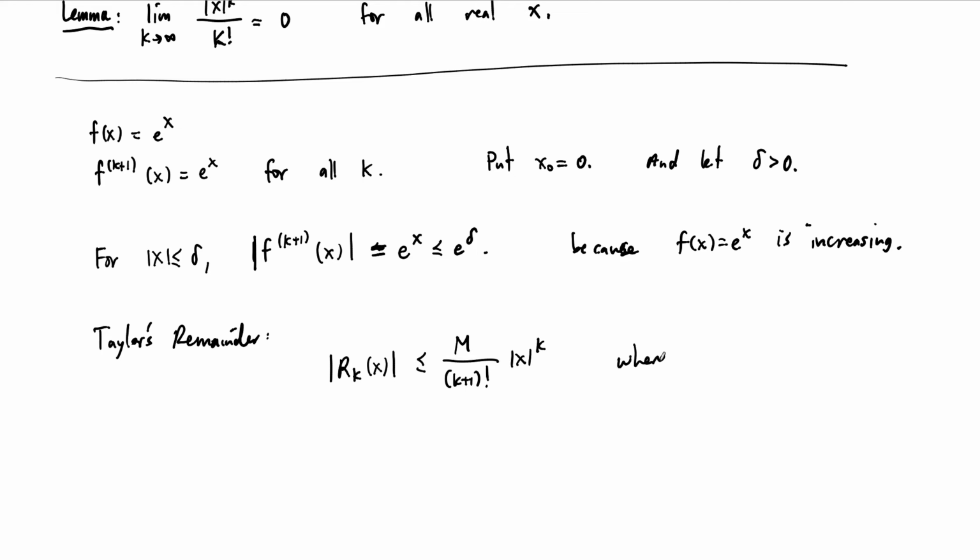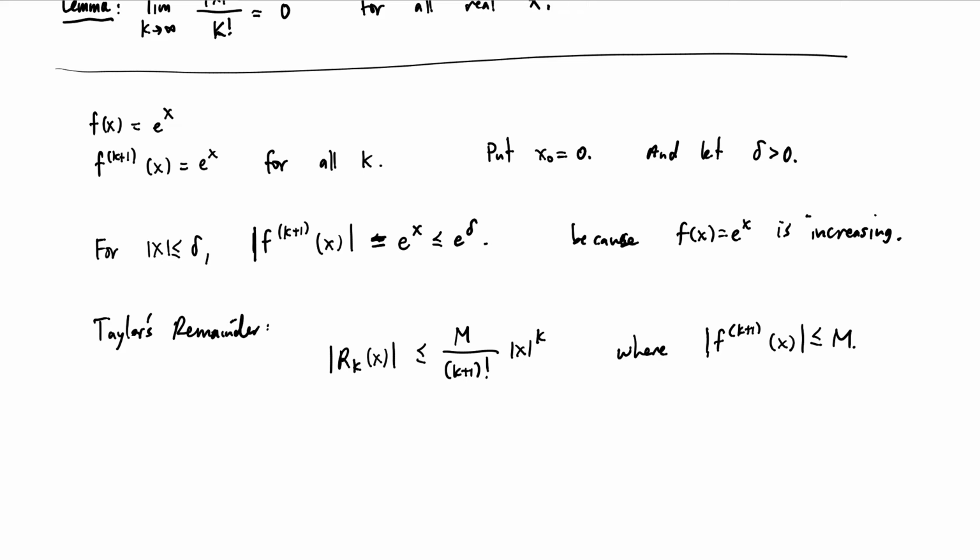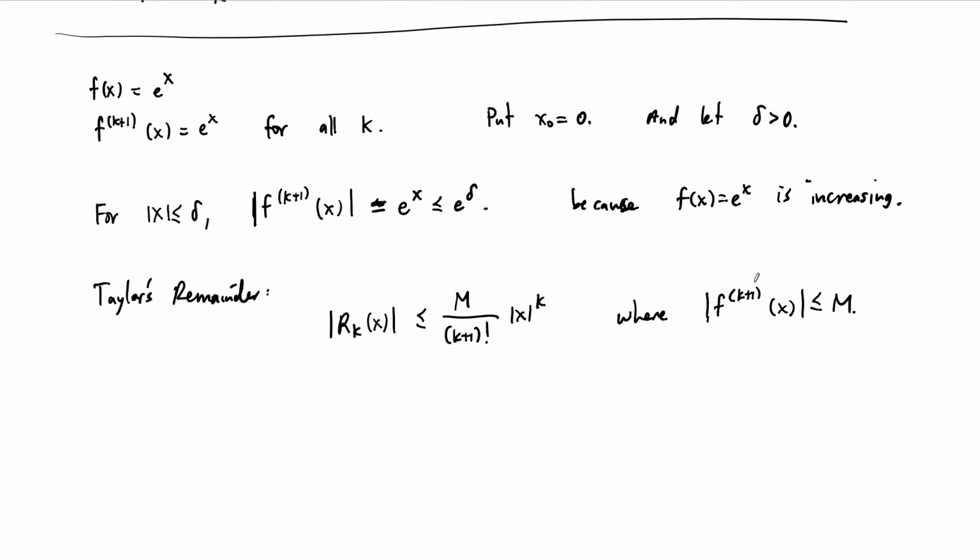So this is true where the k plus first derivative of our function is less than or equal to this constant m. So if we can find a bound on our function, then the remainder is less than this bound, right, divided by k plus 1 factorial. So based on the work that we've done, what's our bound going to be? Well, our bound is just going to be this e to the delta, right?